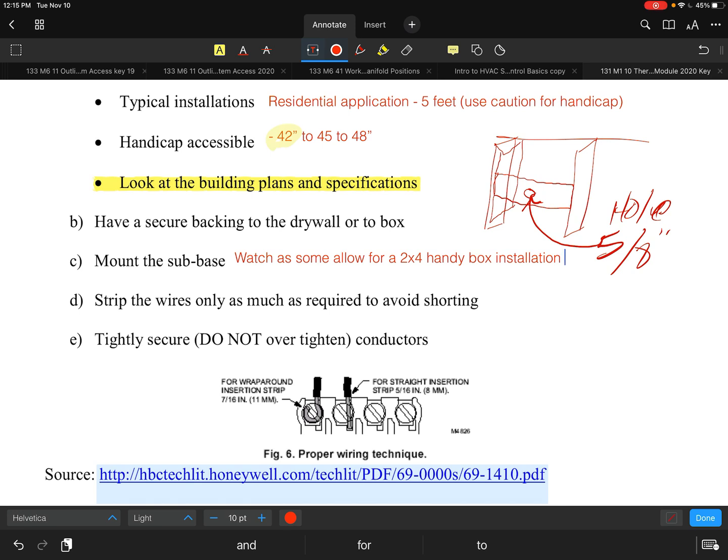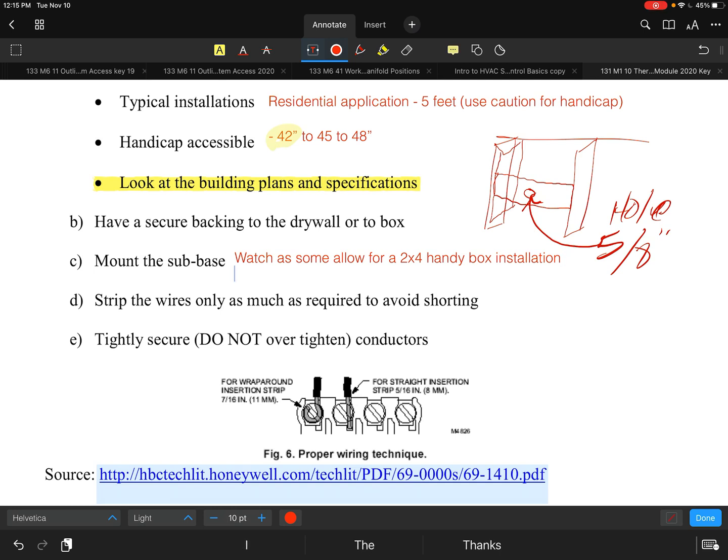If they allow a 2x4 handy box, you might be able to have it set up that way. A lot of our residential thermostats that we use now are specifically designed to be mounted to those 2x4 boxes. Commercially, that's been done for years.